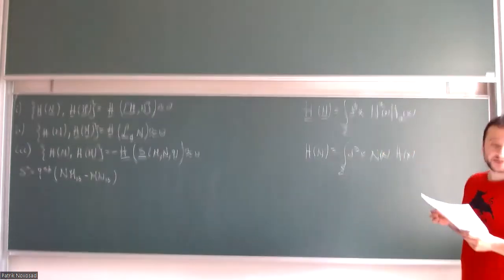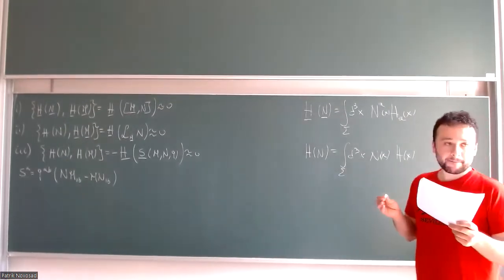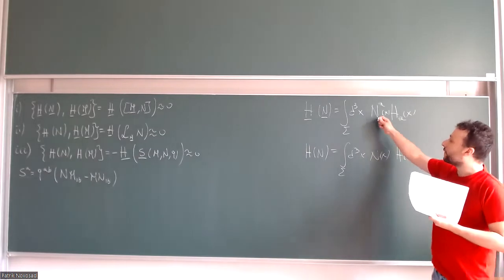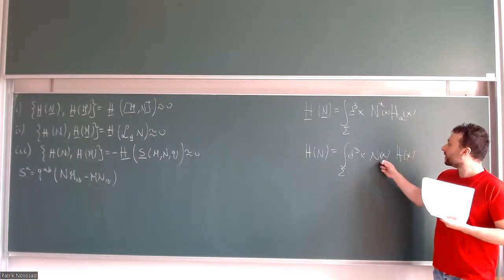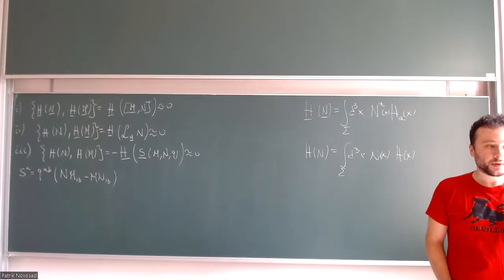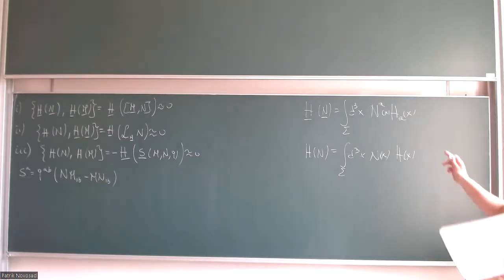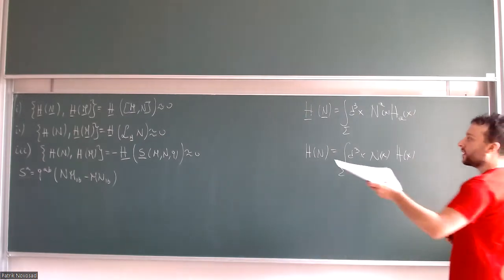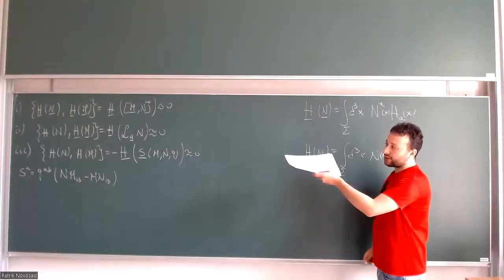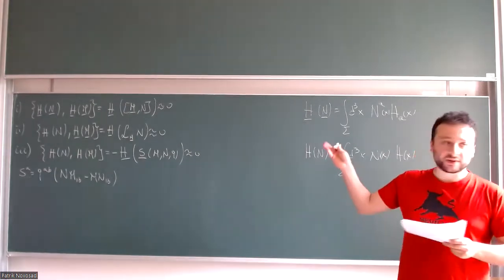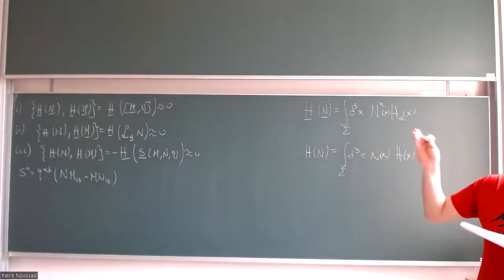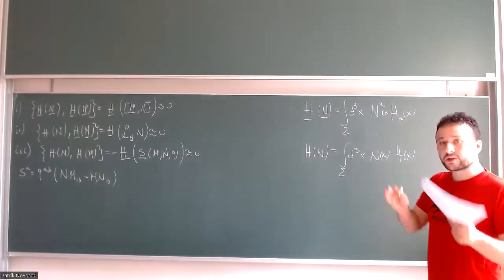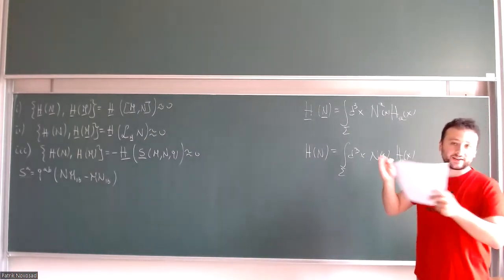The primary constraints were the momenta of the lapse and shift being zero, because they are not dynamical variables. From the consistency of that mechanism, the diffeomorphism and scalar constraints arise. So they're called secondary constraints, because basically that's the second step.